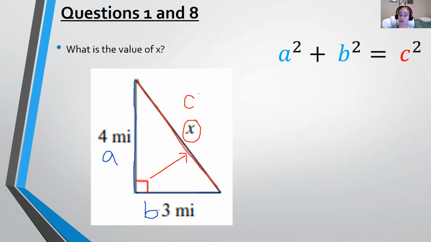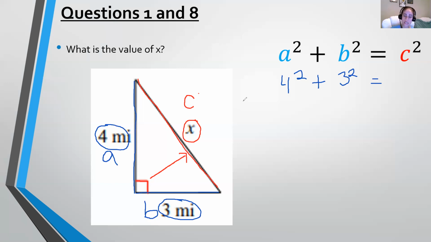Second step is to substitute all of our values. We look at our formula, we have A squared. Well, A is 4 miles, 4 squared. Plus B squared. B is 3 miles, so 3 squared. And that is equal to C squared.